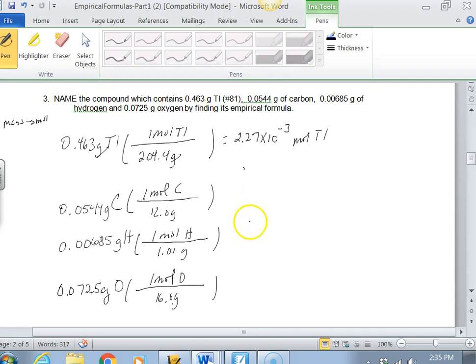We've got 4.53 times 10 to the negative third moles carbon. We've got 6.78 times 10 to the negative third moles of hydrogen. And finally, with oxygen, we've got 4.53 times 10 to the negative third moles of oxygen.